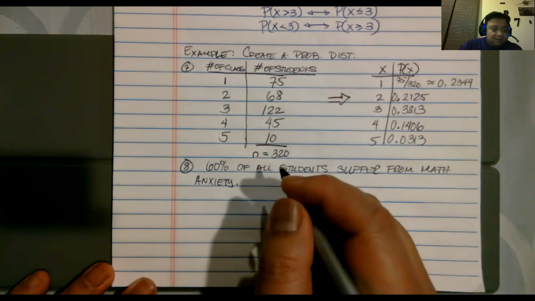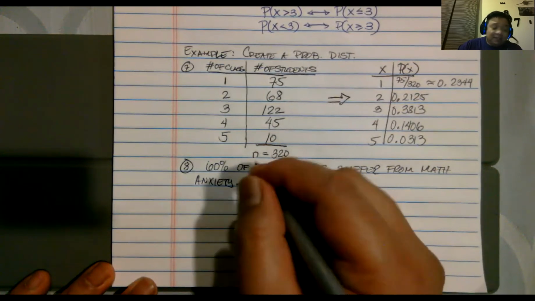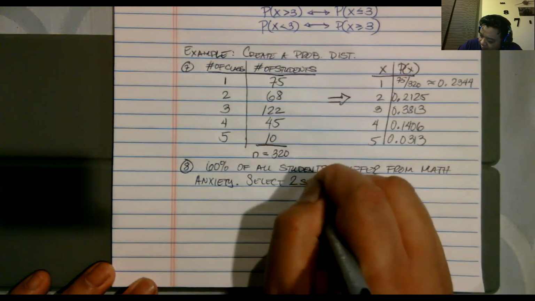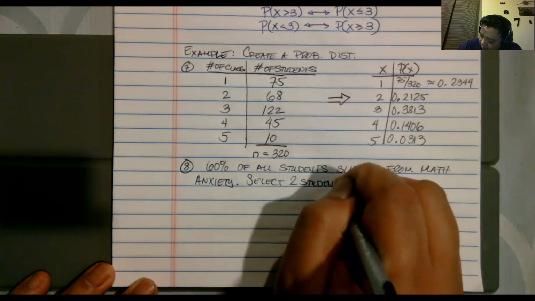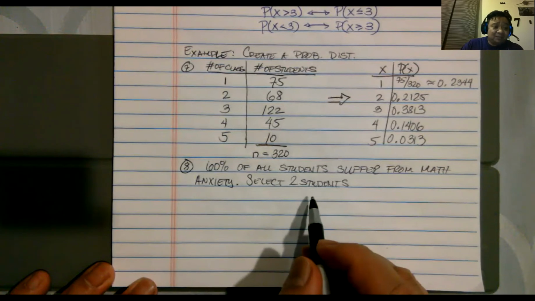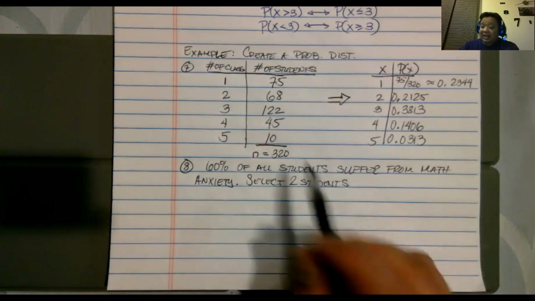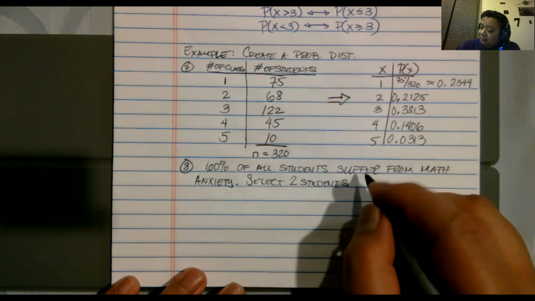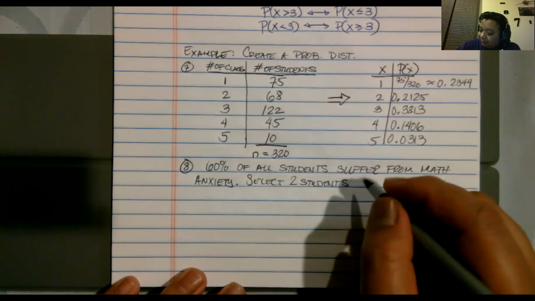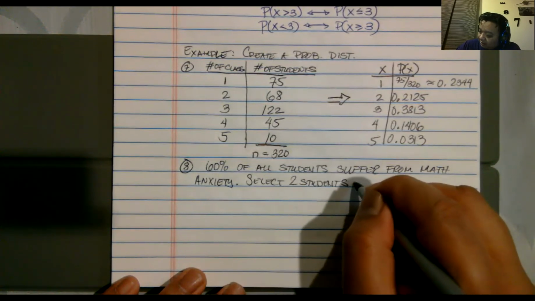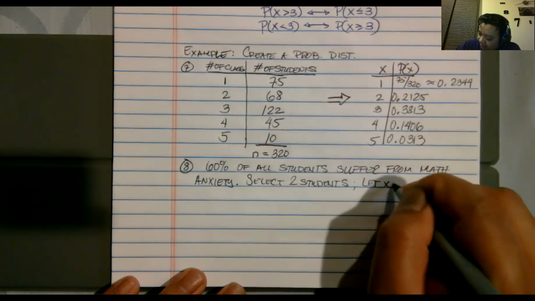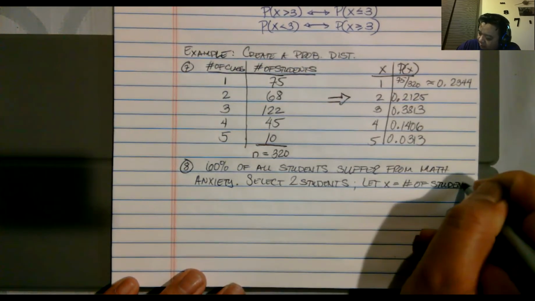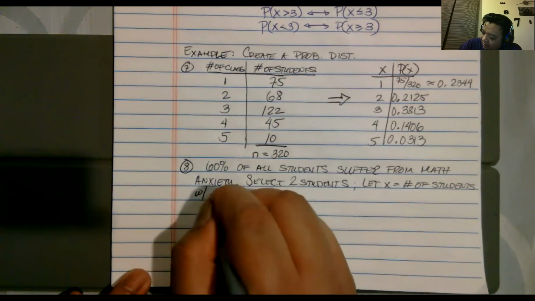Okay. So selecting 2 students. Which means my sample size is small, right? There's only 2, so I cannot use relative frequency on this one. So selecting 2 students, okay. Let X be equal to the number of students with math anxiety.